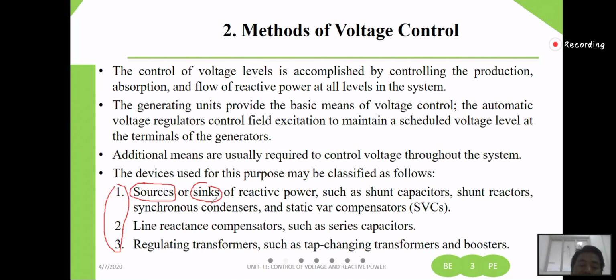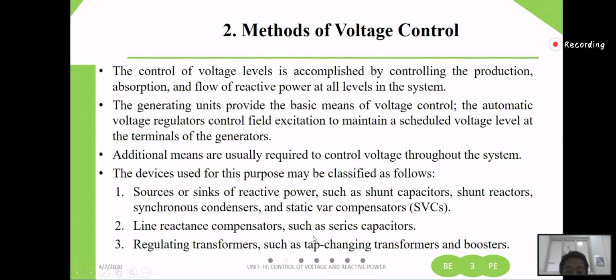First one is source or sink of reactive power, which will produce or absorb reactive power, such as shunt capacitors, shunt reactors, synchronous condenser, and static var compensators, SVCs. Second one is line reactance compensators, such as series capacitor. Then another one is regulating transformer, such as tap changing transformer and boosters.